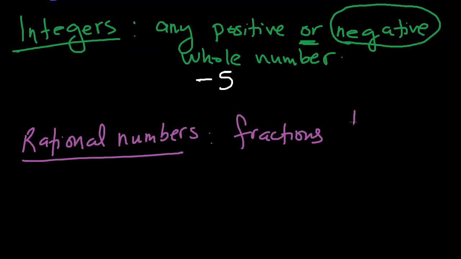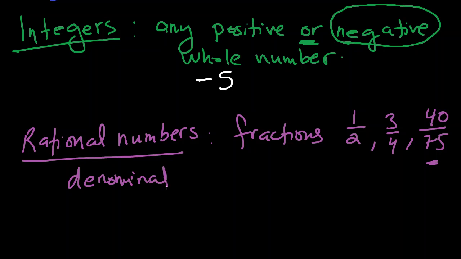So for example, if you had a fraction like 1 over 2 or 3 over 4 or, I don't know, 40 over 75, any fraction. So rational numbers are fractions written in this form. However, there's one exception. The denominator cannot be 0.